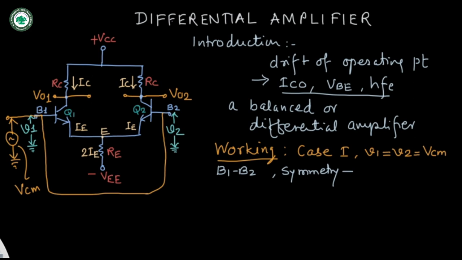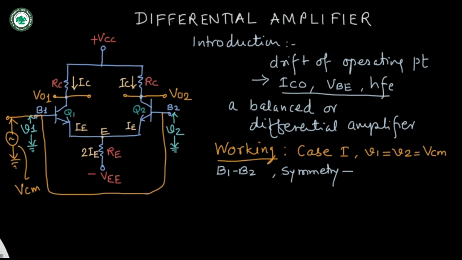That means, suppose through Q1 emitter IE current is flowing, through Q2 emitter there will also be IE current flowing, and from Q1 collector IC current is flowing, so from Q2 collector IC current is also flowing. As the emitters are tied together, there will be addition of current, that will be twice IE, as each individual transistor emitter carries the current IE.